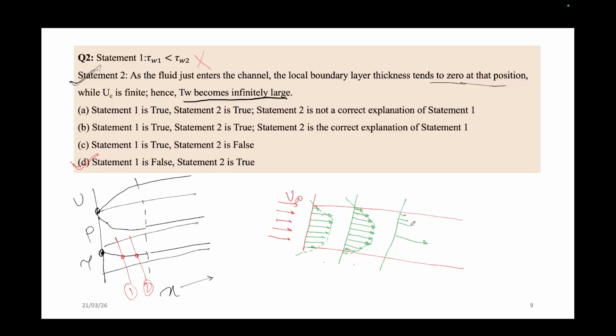The velocity gradually increases up to the center line. Again from the center line, it gradually decreases like this way. So now if you plot this point, it should be a parabolic profile, fully parabolic, right?